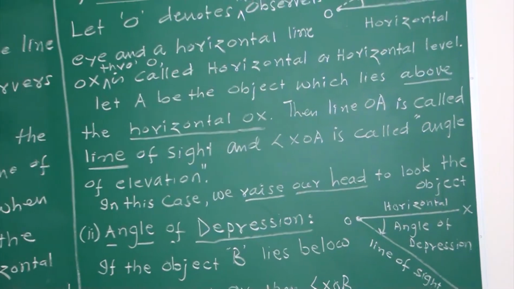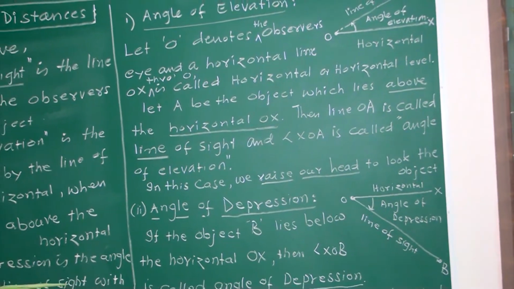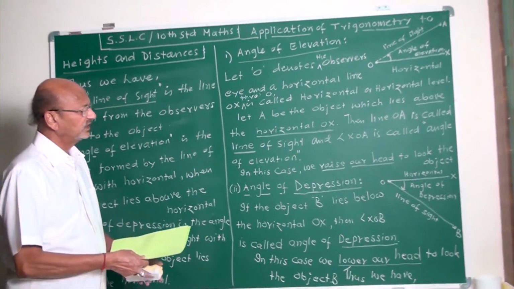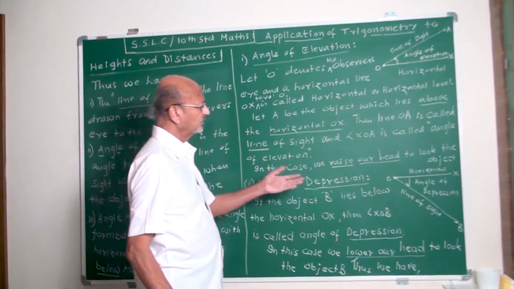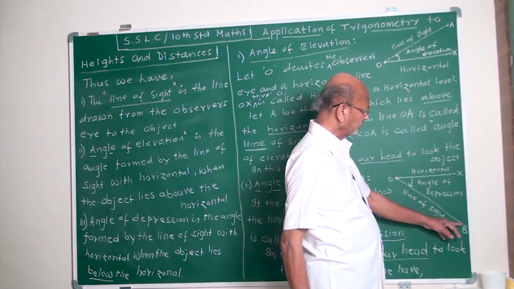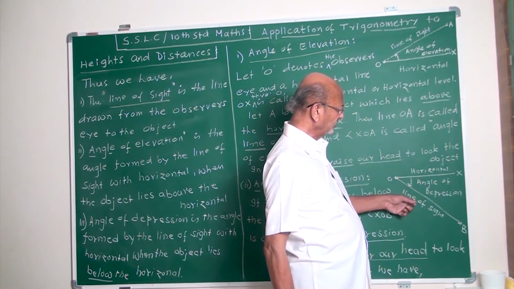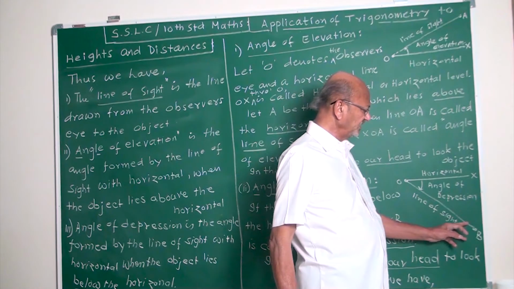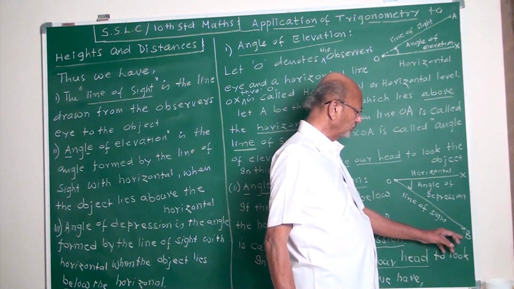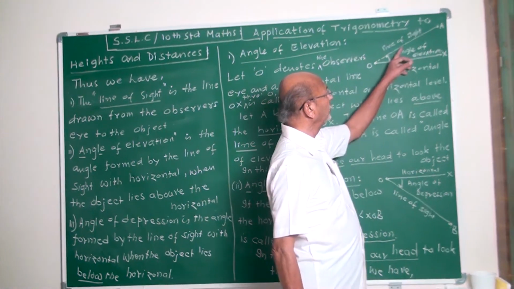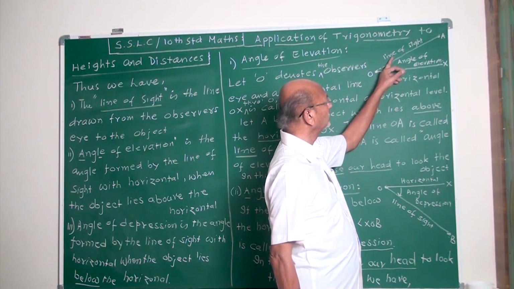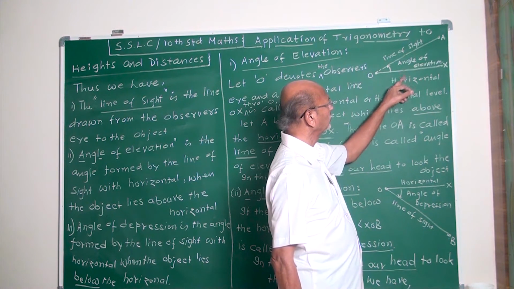In this case, while solving problems, we represent the objects by a point. Then the horizontal and the line of sight by line segments. Line segment OB, line of sight. OX, horizontal line. Line segment OA is the line of sight. This is horizontal.